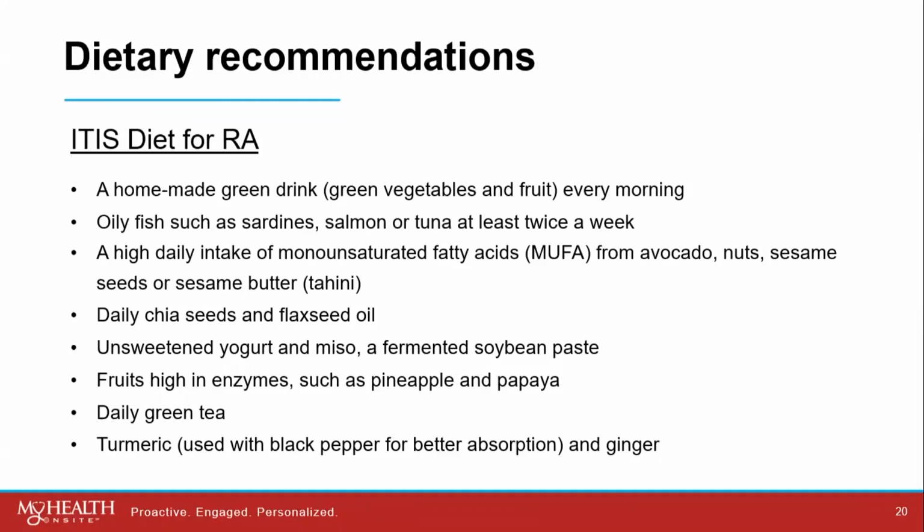She took 22 highly motivated patients with doctor-diagnosed rheumatoid arthritis, and they followed this diet called the ITIS diet for 2 weeks. They continued taking prescribed medications during the study. Half of them experienced a 50% improvement in pain and swelling, as well as in subjective measures such as fatigue, often in just as little as 3 or 4 days.